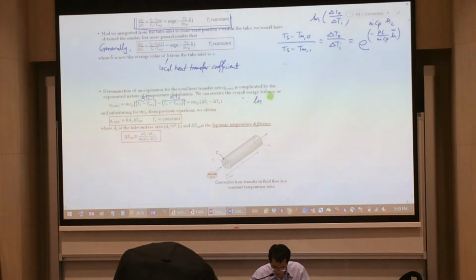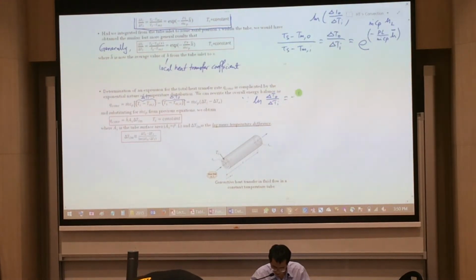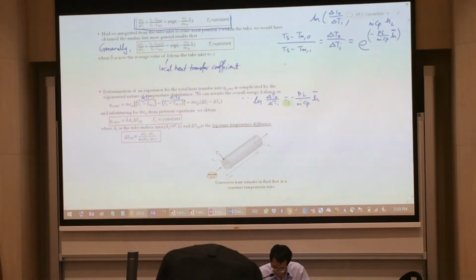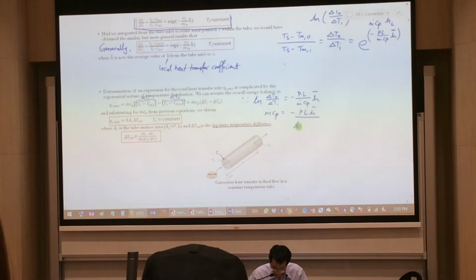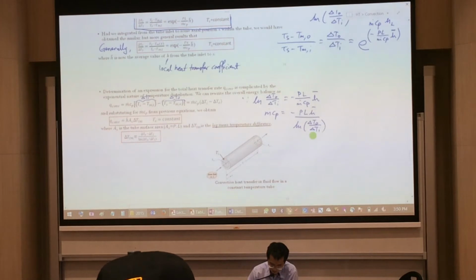Because we know that ln delta T naught over delta Ti is equal to minus PL over m dot Cp h bar, and that's coming from the earlier equation, I can re-express this by having m dot Cp in the following way: m dot Cp is minus PL h bar over ln delta T naught over delta Ti. What I want to do is to substitute this term, m dot Cp, into here.